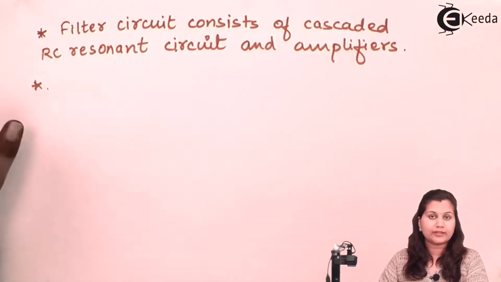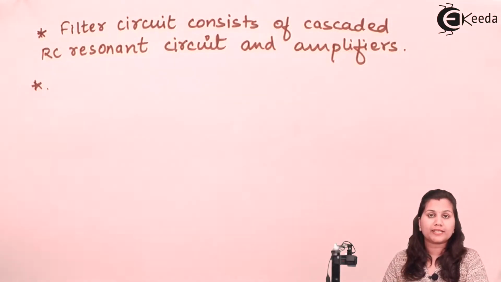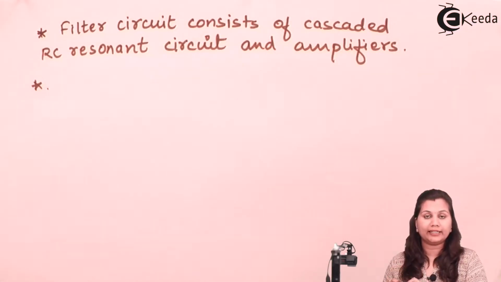Now in the RC resonance circuit, we have the resistance and the capacitor. Resistances are used for the frequency control, and capacitors are used for the frequency multiplication. In this way, this complete filter circuit identifies the frequency component of the signal.